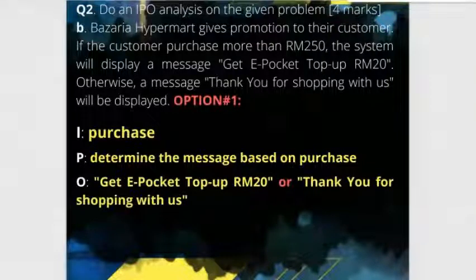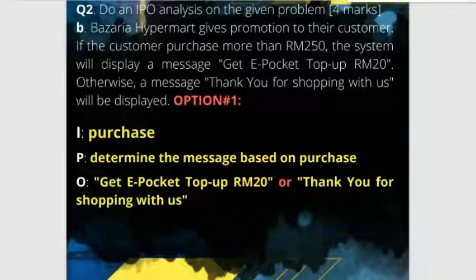If you write determine, the examiner will know that you are trying to tell this is a selection control structure. So determine message based on purchase. If your input name is amount of purchase, then your process is determine the message based on amount of purchase. All right.